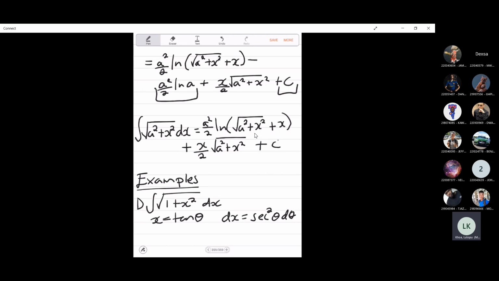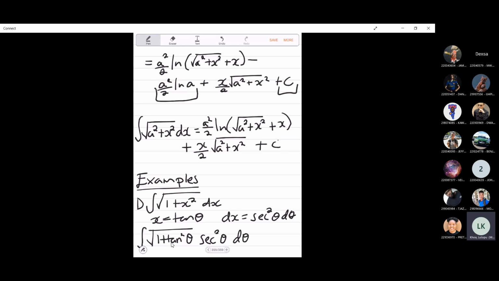And then we substitute, we get the integral of the square root of 1 plus tan squared theta, and then multiply by dx, which is sec squared theta d theta.